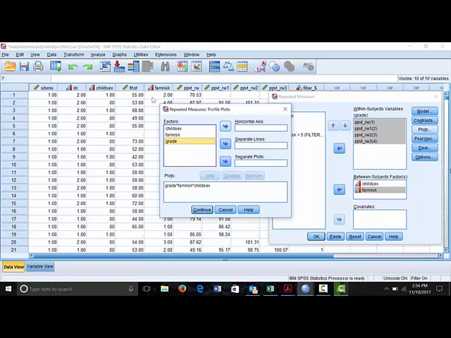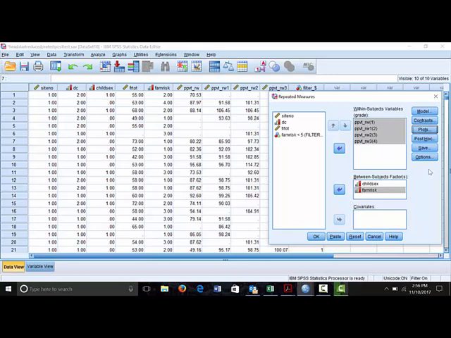Grade by child sex, separate plots for family risk. Click add, click continue.